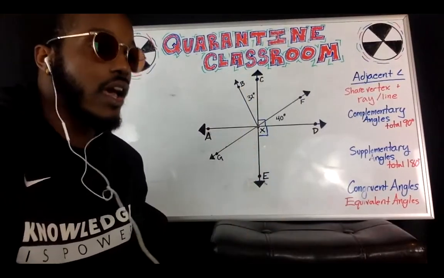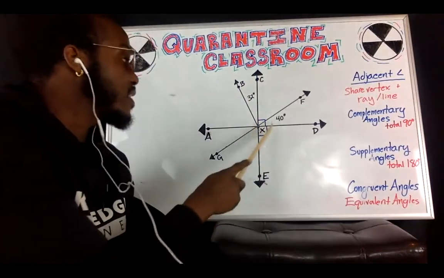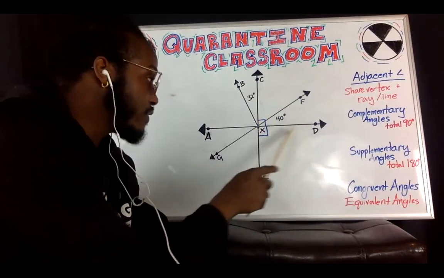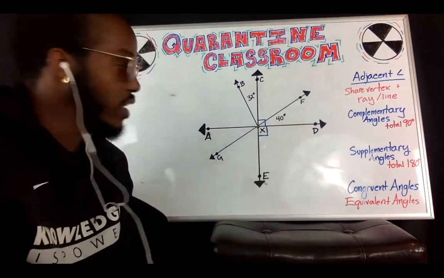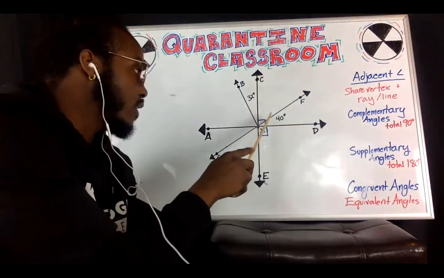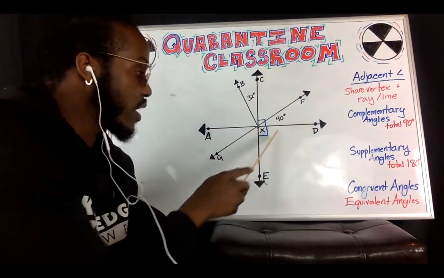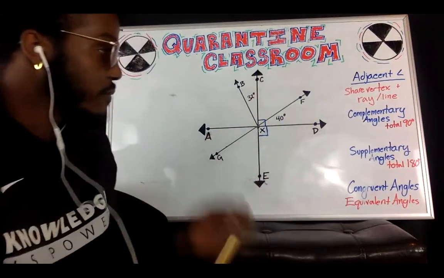And we know that a straight line is equal to 180 degrees. We learned that yesterday. And this is just half of 180 degrees. So this other half, even though it doesn't have a measurement, we know that it's the other half of 180 degrees from this straight line. If that's 90 and this entire straight line is 180 degrees, we know that D, X, and E is a congruent angle with angle C, X, and D.